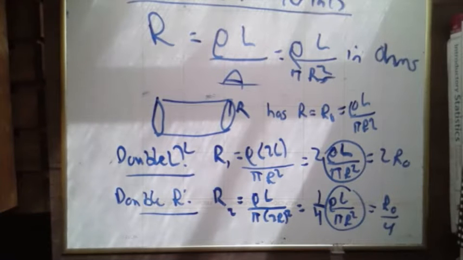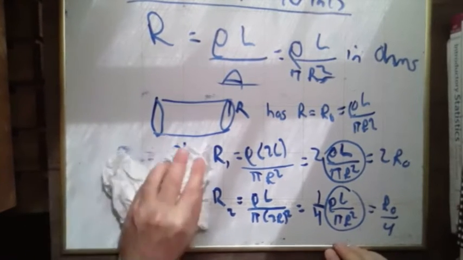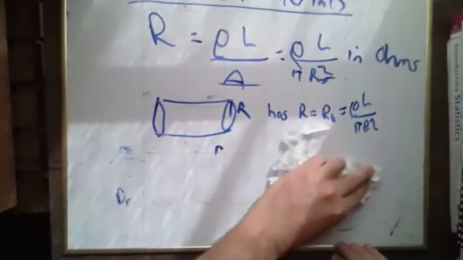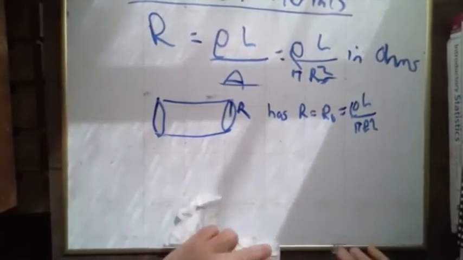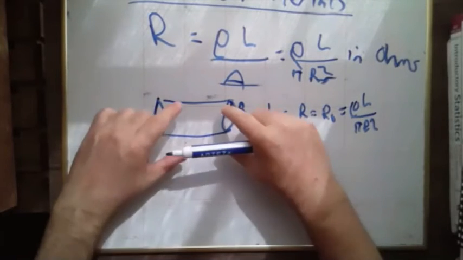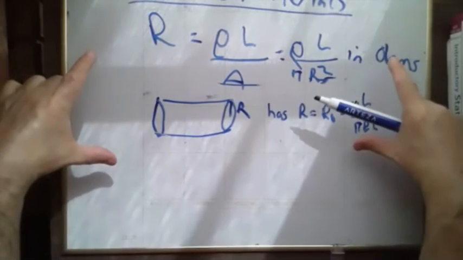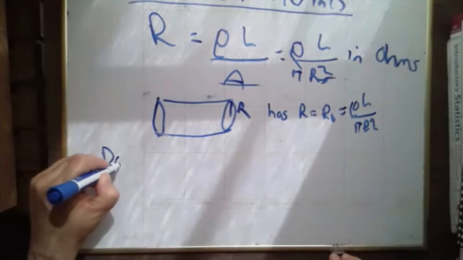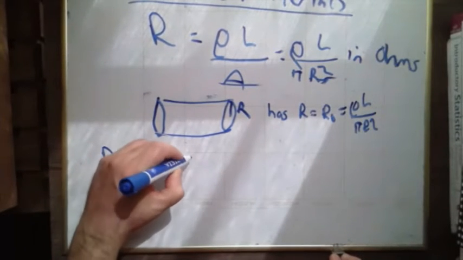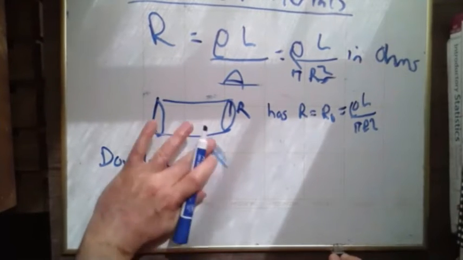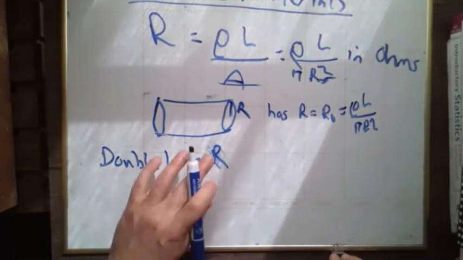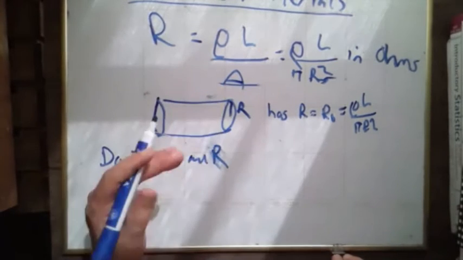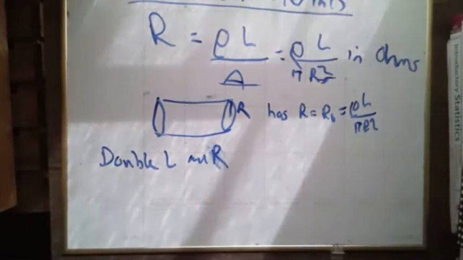What if we do both? What if I literally double all my dimensions? This is counterintuitive. You would think everything would be proportional, like blowing this thing up so that it looks exactly like a larger version of itself. If I double all of my dimensions, L and the radius... it just now occurred to me that in this whole problem I'm using R to mean two different things.